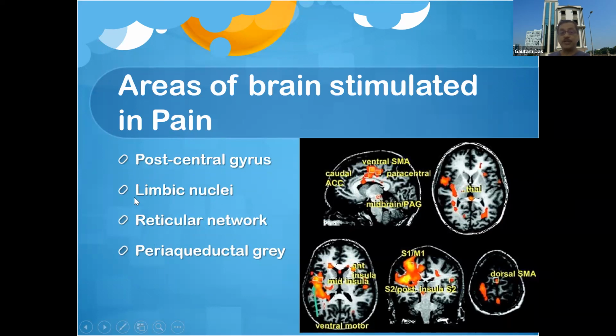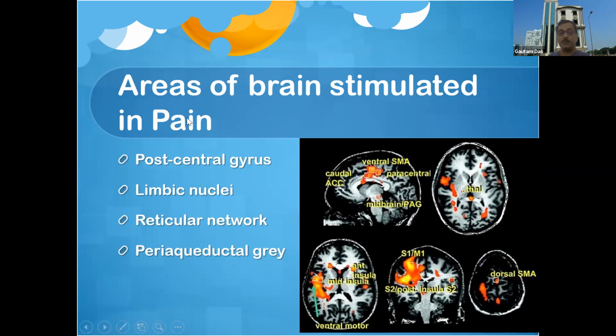But this is also very, very important: the limbic nuclei. Limbic nuclei, not one nucleus, but nuclei scattered in different parts of the brain, and they are responsible for the emotional changes. So pain is an unpleasant sensory and emotional experience.